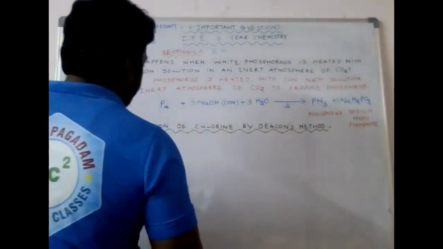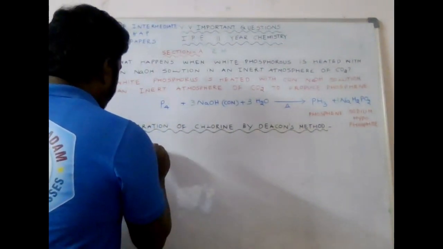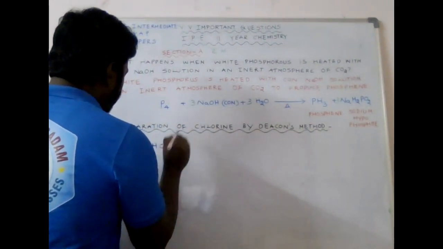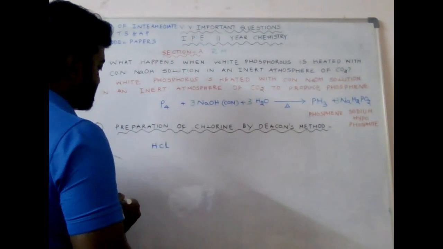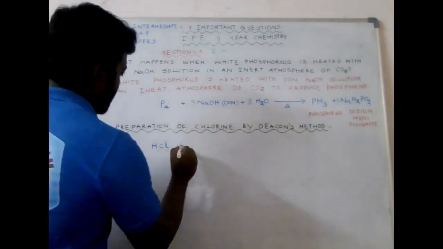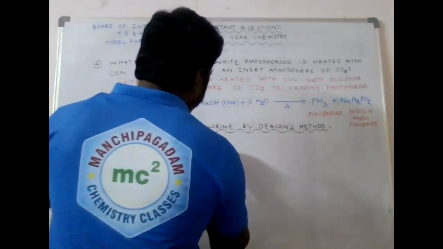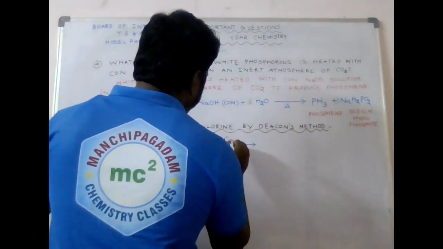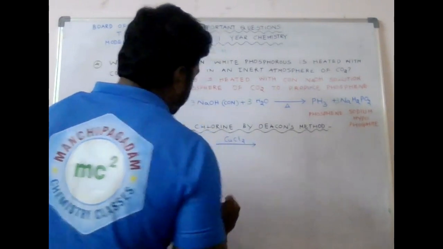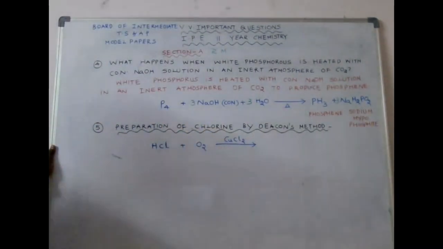So here the gaseous hydrogen chloride we have to take, which undergoes oxidation in the presence of CuCl2, right? Cupric chloride. Hydrogen chloride gas reacting with oxygen means that is called oxidation.